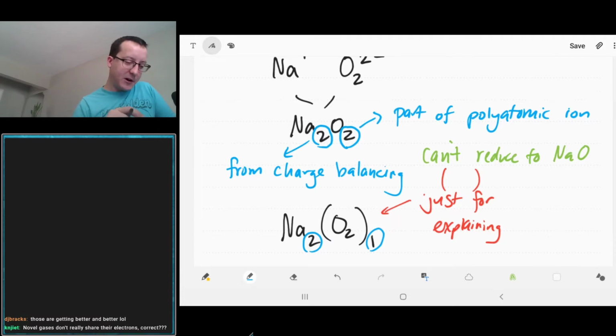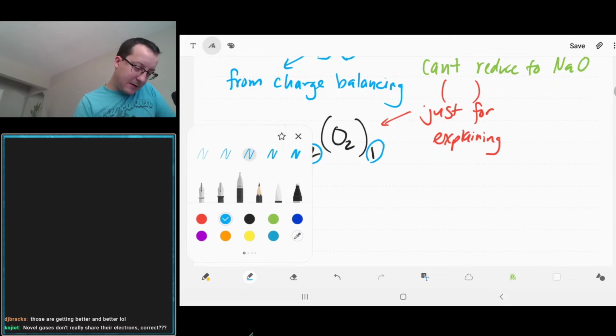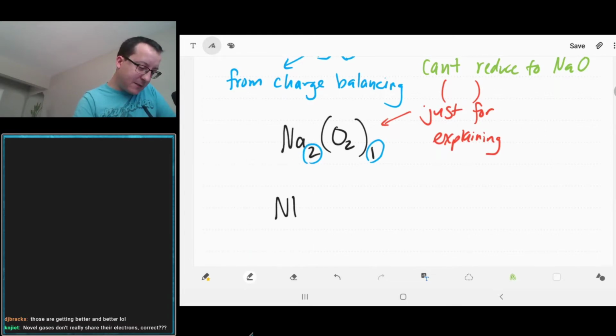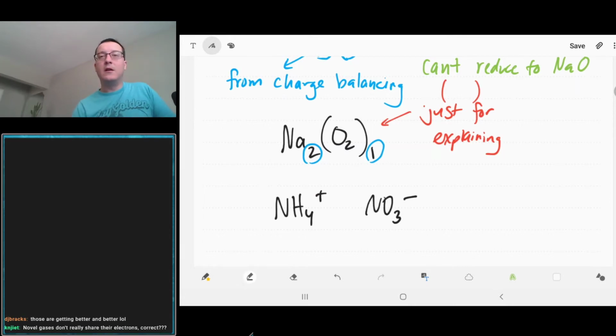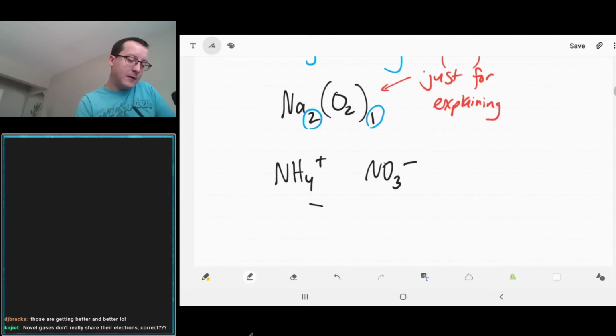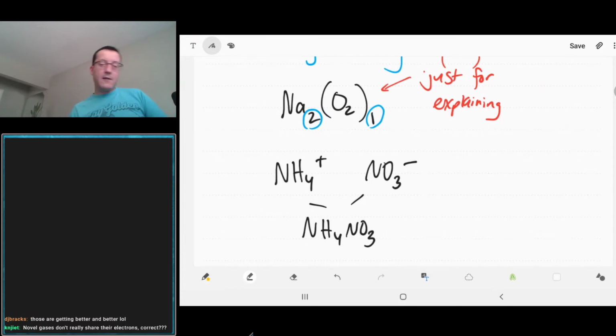Alrighty, let's do some current events now. We could also have two polyatomic ions that come together, and the idea is the same. We would charge balance them appropriately. And so you'll look at this and say, well, hey, you've got two nitrogens there, let's combine them together.